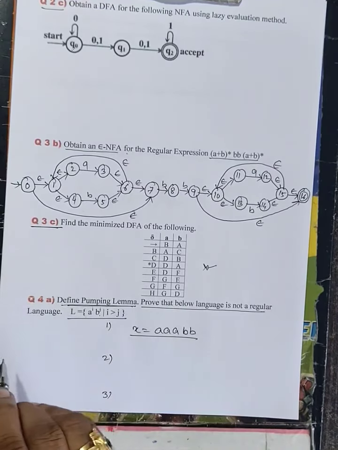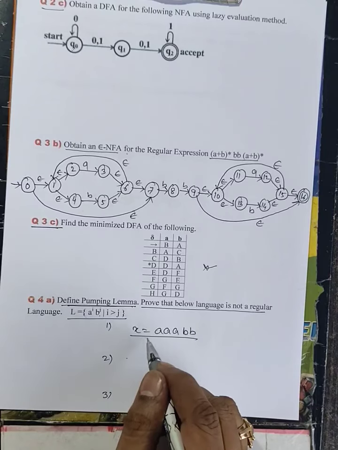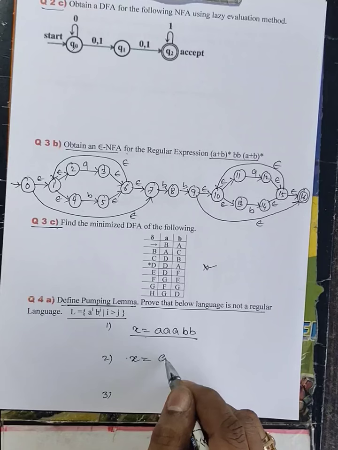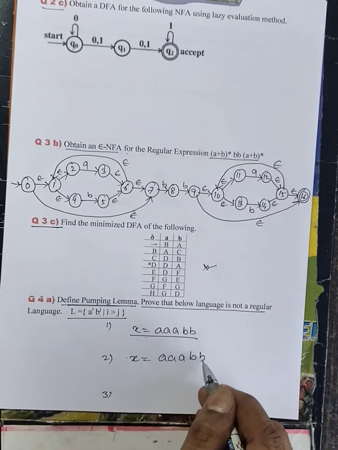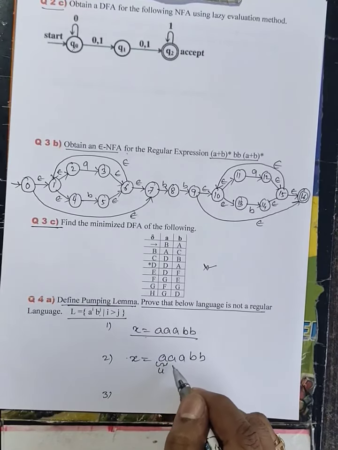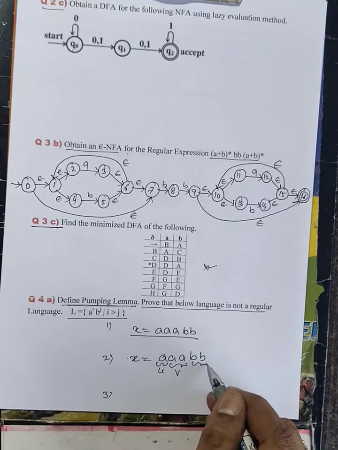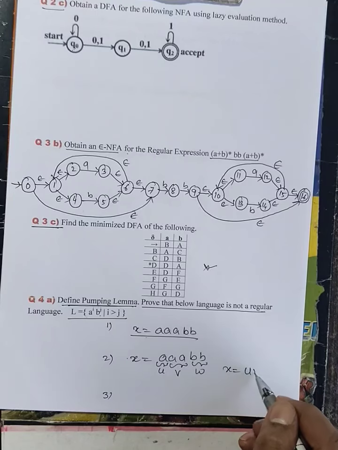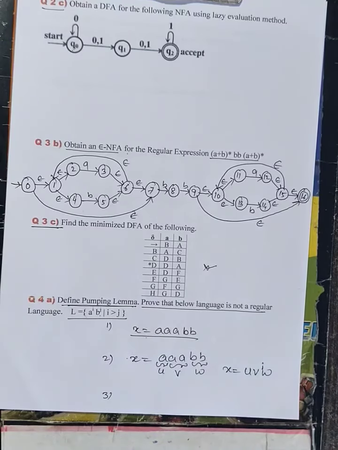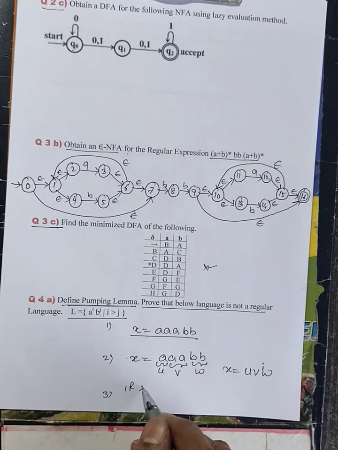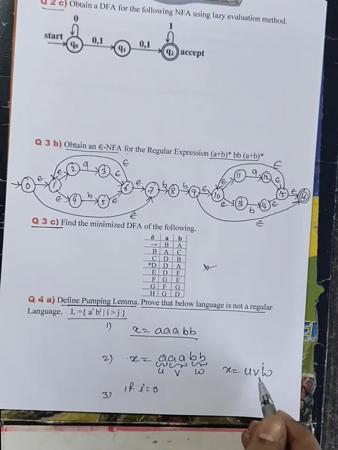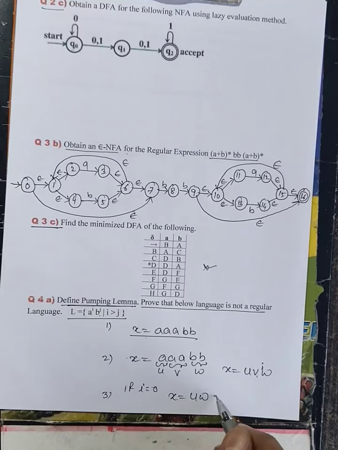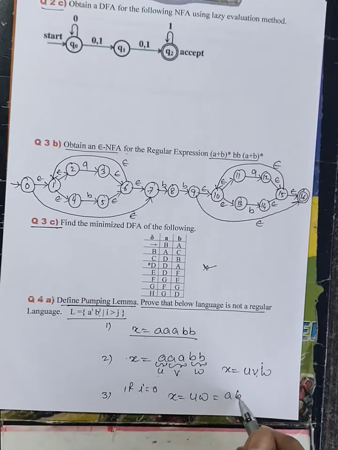Step 1, first identify the string. Step 2, split this string into 3 subgroups. X is divided into 3 subgroups: U, V, and W. X is equal to U V to the power i W. If i equals 0, V will not appear, which means X is equal to U and W. U and W means a to b.